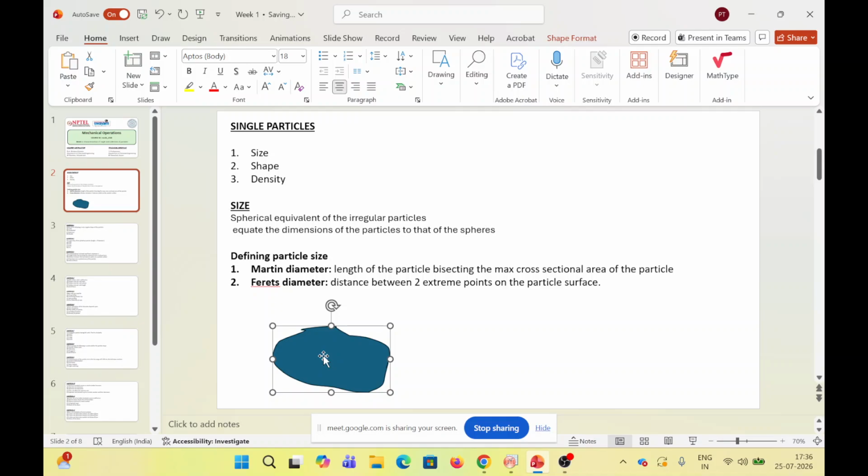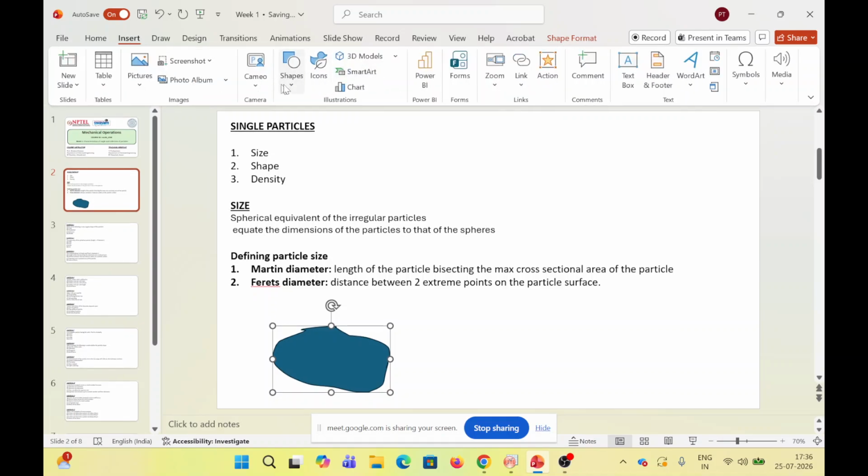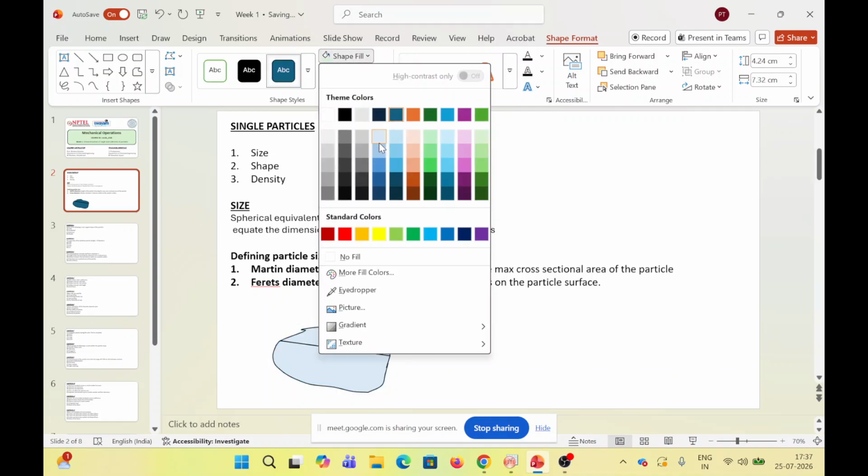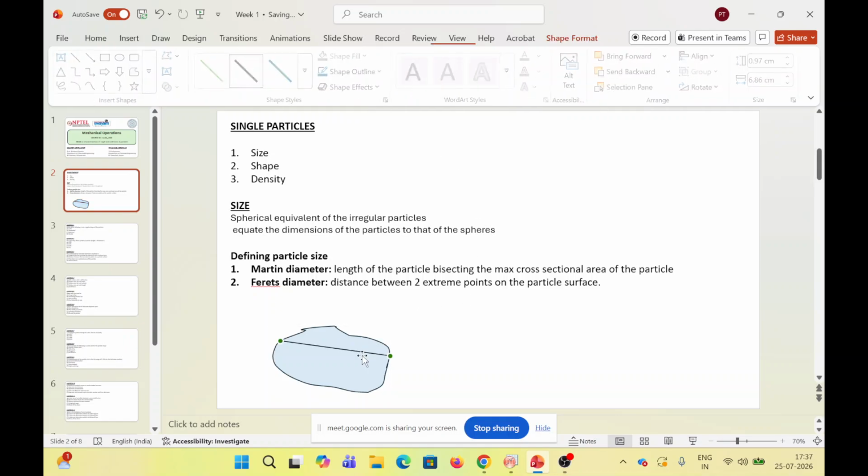Now here you take any point, and then from that point you keep marking to multiple points. Let's say, for example, I start here, I mark one line here. Let me just change the color. So this is one line.